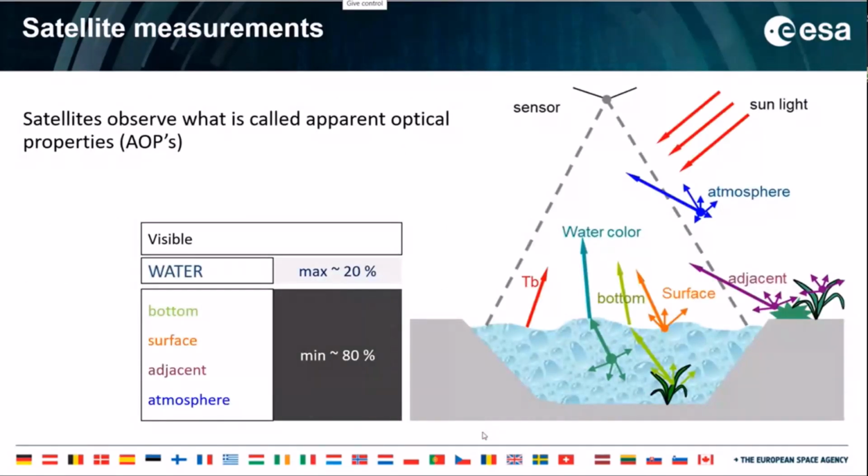So basically, satellite measurement related to water quality. You need a water body in the field of view of the satellite, and you observe different signals. If you look at the colors of those signals in this graph, you would see that the sunlight, which is here in red, comes from the top of the atmosphere, and then it goes through the atmosphere, reflected at the surface.